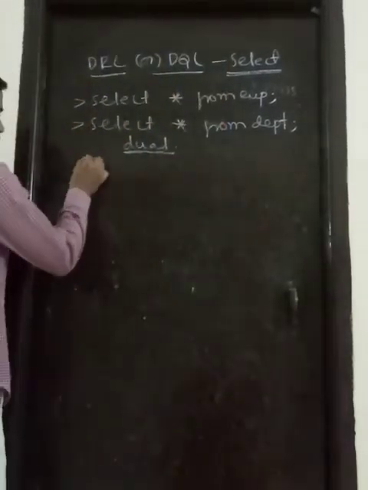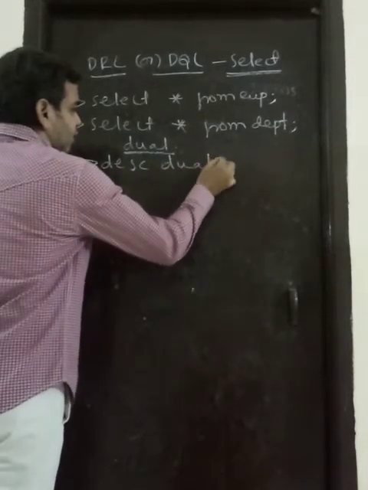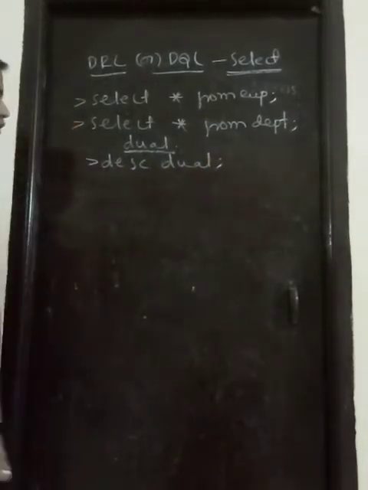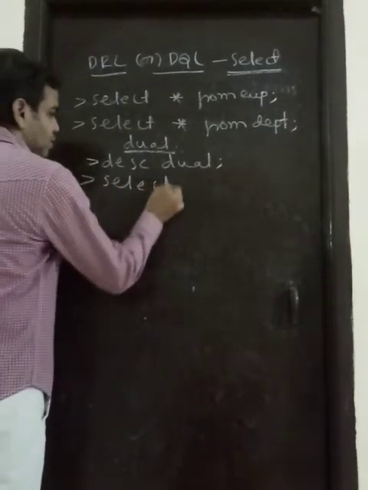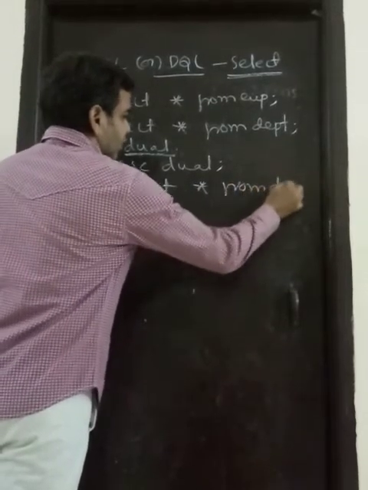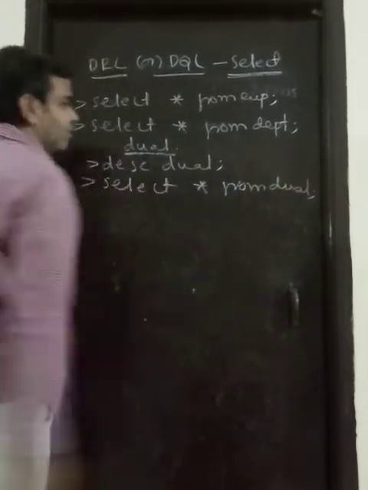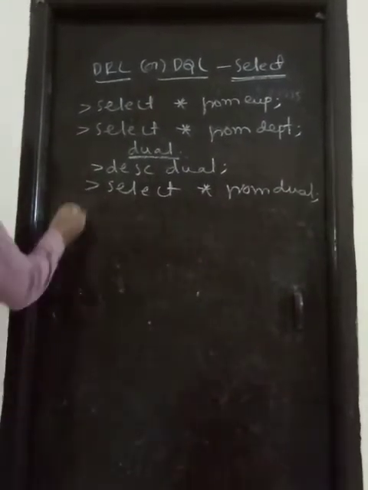If you specify DESC, it will display only 1 column. And if you specify select star from dual, it will display only 1 character, that is alphanumerical, that is VARCHAR2.